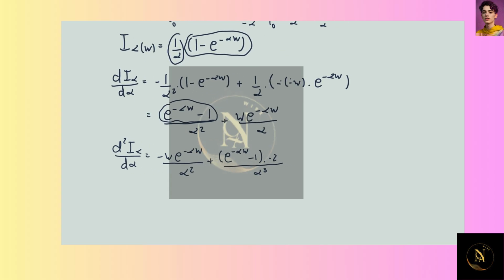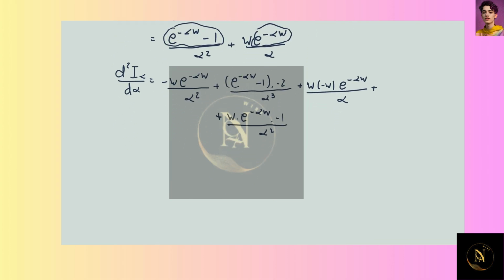Now we have the next term, and then again, this is the derivative of the first one, which is minus w e to the minus alpha w, multiplied by the second one, which is 1 over alpha, plus the first one, which is w e to the minus alpha w, multiplied by the derivative of the second one, which is minus 1 over alpha squared.